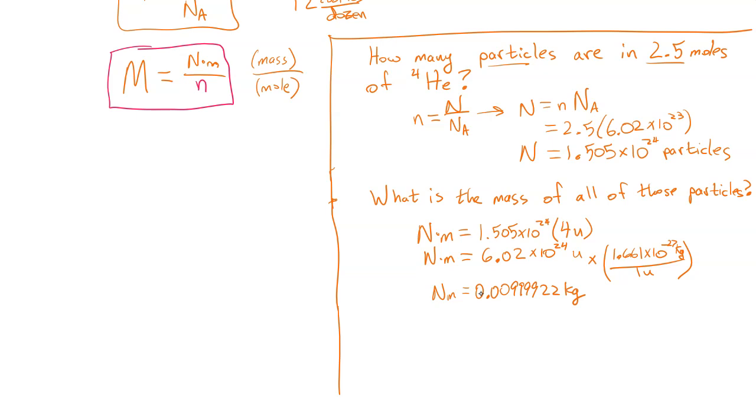You don't really need that many decimal places. It's certainly just 0.01 kilograms. And if you needed it in grams, you could just multiply that by 1,000 and get 10 grams.